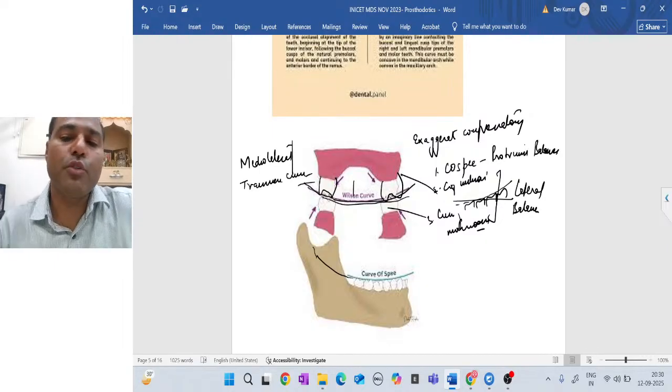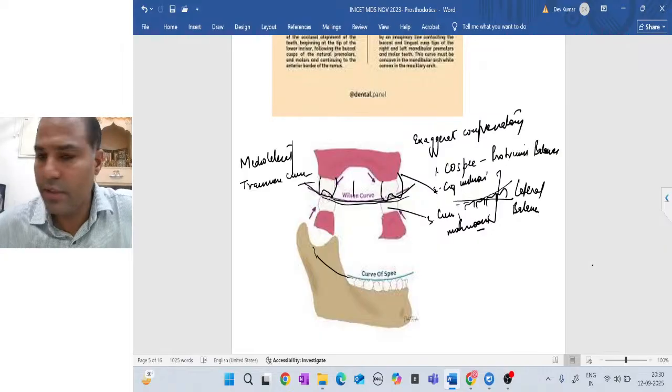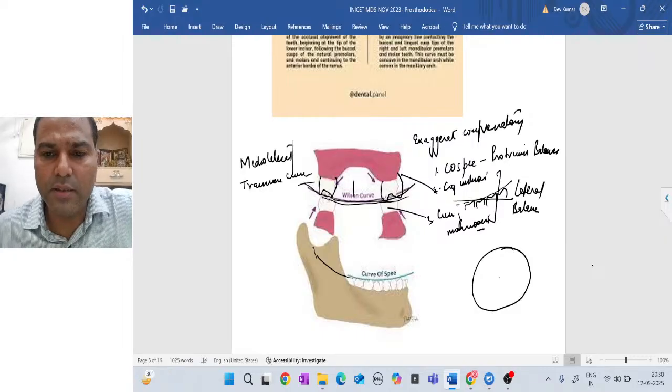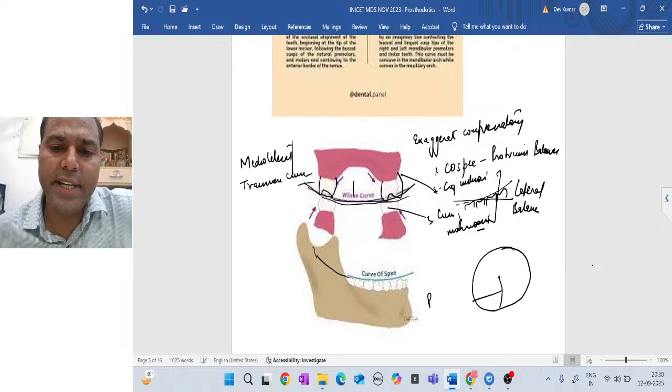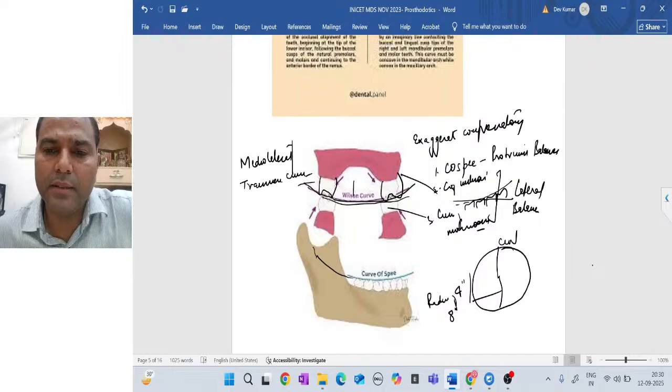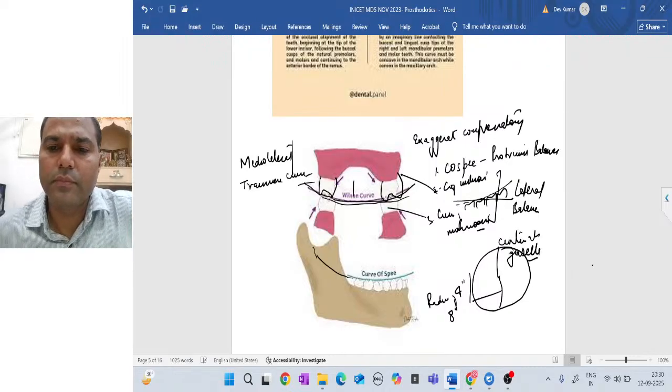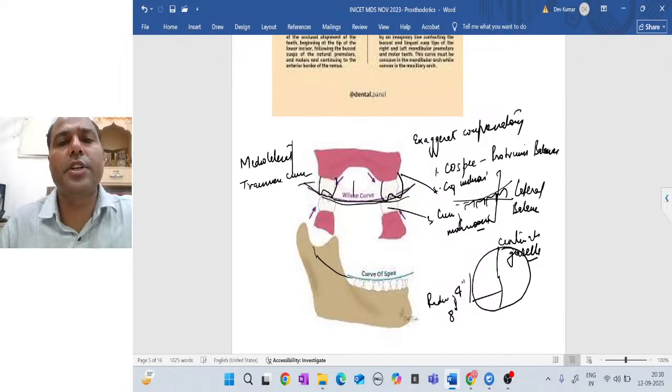And curve of Monson is a combination of all the curves where it forms a whole circle with the radius of 4 inches, the total diameter of 8 inches, and with the center at glabella. Okay, it might be asked as a very theoretical question.